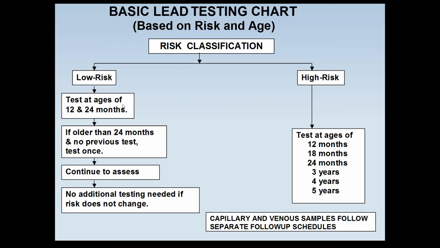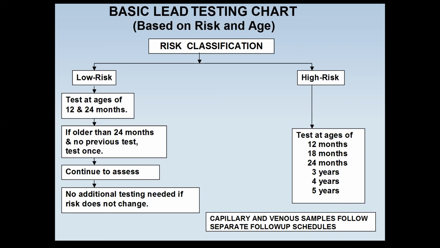On the left side, you see that these children need to be screened at ages 12 and 24 months, and if the child is older than 2 years, they should be screened once. Again, if these levels are below 10 micrograms per deciliter, they do not need to be tested again.